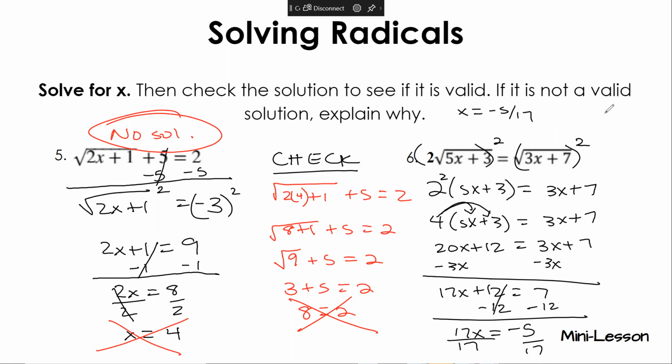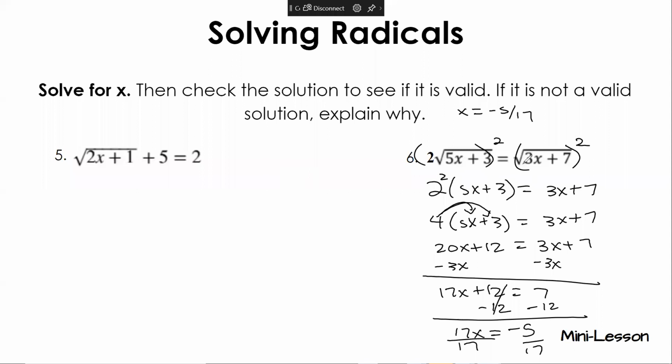Problem is, we got to check that mess. And I'm going to show you a quick way to do that in just a second. Okay, so what we're going to do is rewrite the exact problem. And instead of the x's, we're going to write negative 5/17.